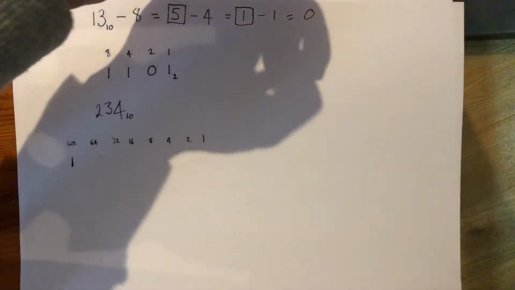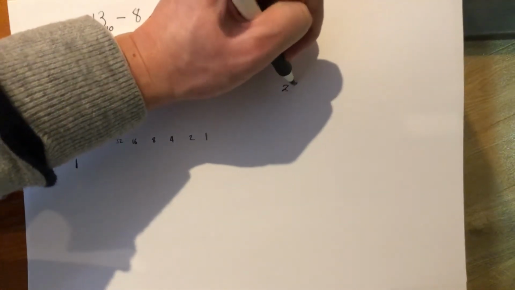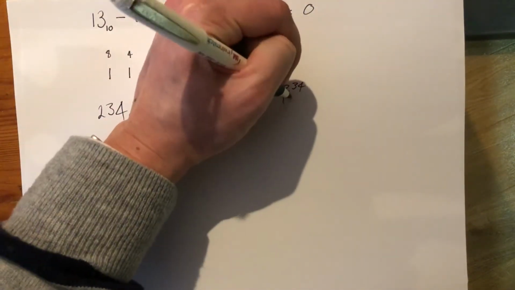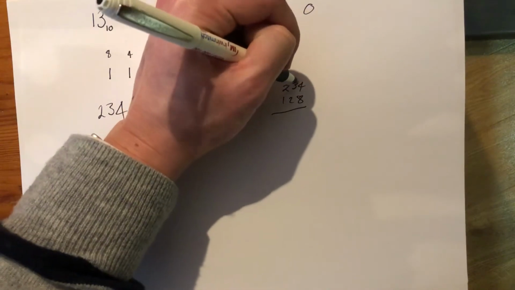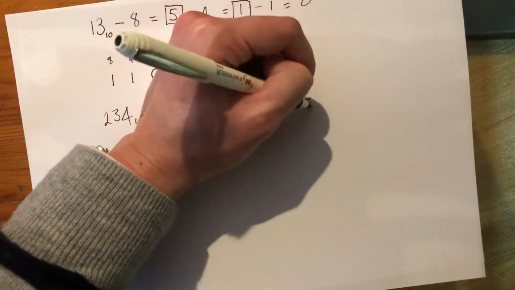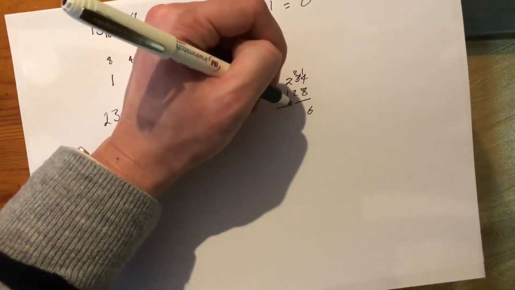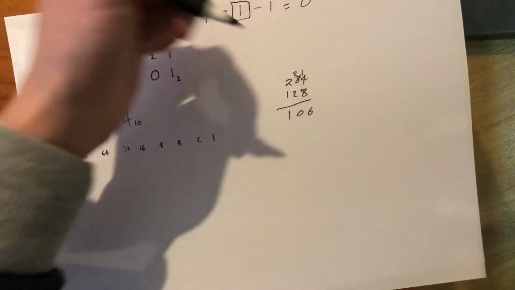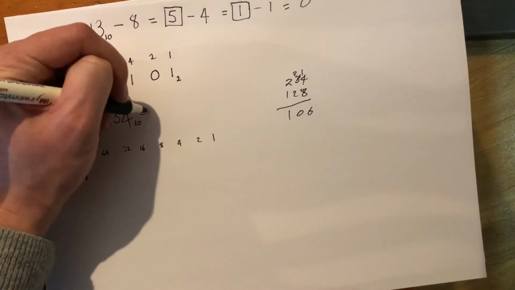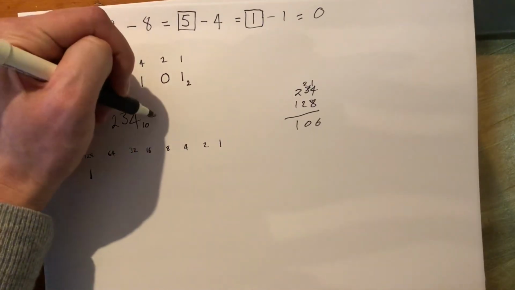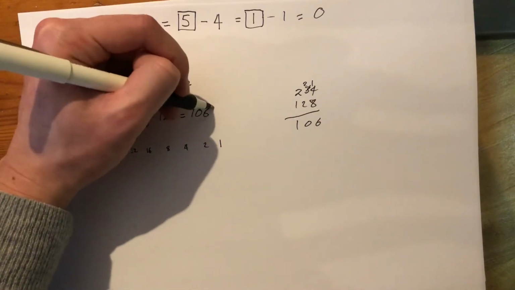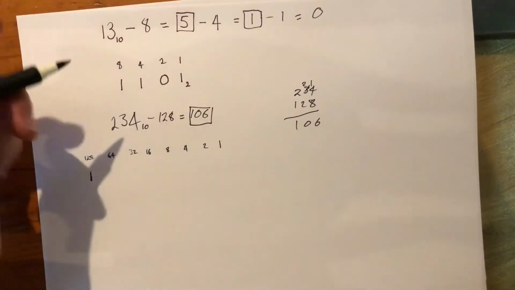We now work out what our remainder is, so I'm just going to do this over here. 234 minus 128 gives you 106. This is our new number.